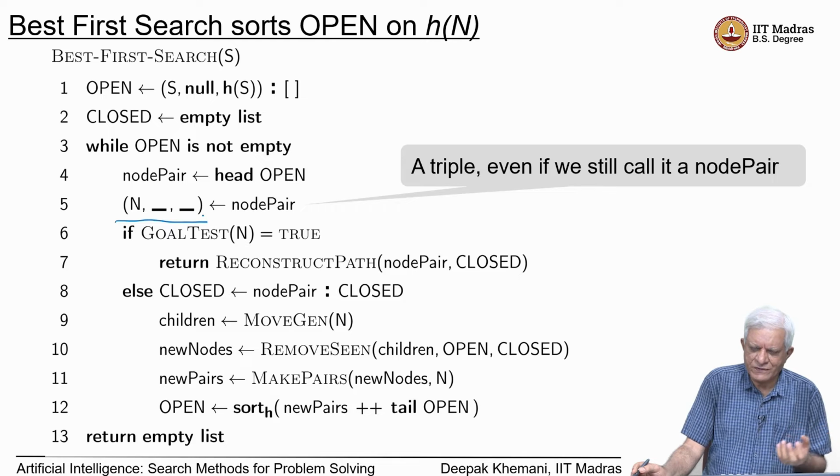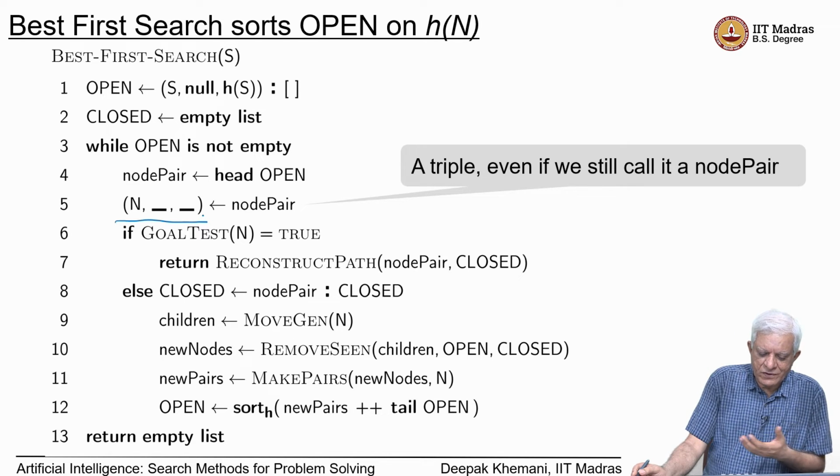Everything else is the same, because we take the node from head of open, we extract its first element, and we can do that using that built in function first. We get n, then we do the same thing. We test whether it is a goal or not.